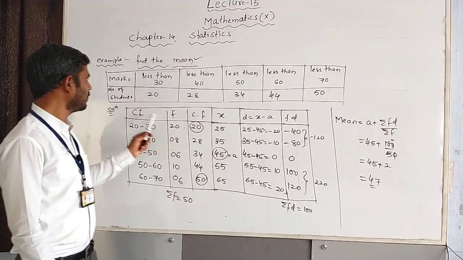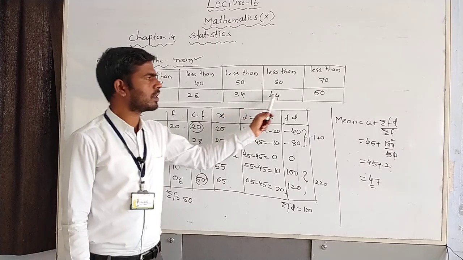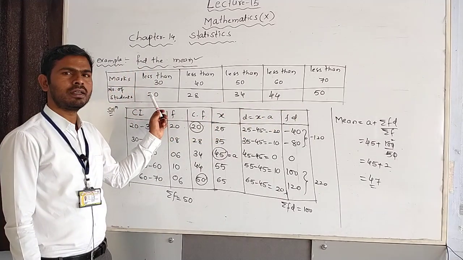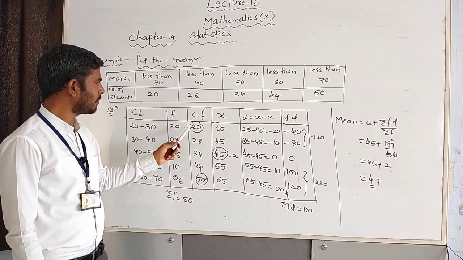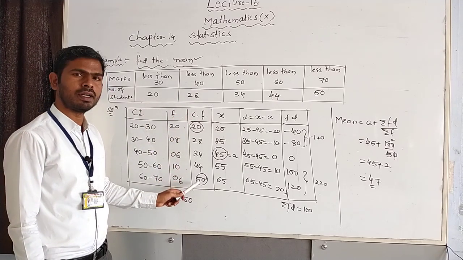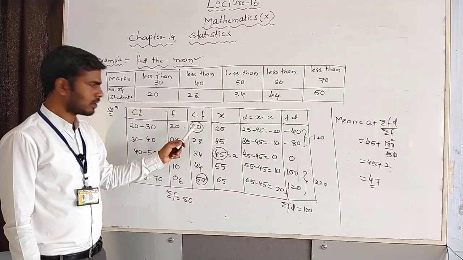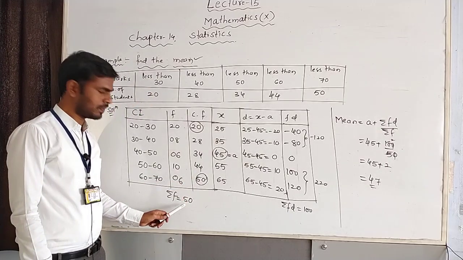Here F is not given. This one, 20, 28, 34, 44, 50, is given. So whether it is ascending or descending is given. Descending is given, which means you always have to consider the CF column. CF is 20, 28, 34, 44, 50. So you have to convert CF to the F. The highest value of CF is always equal to sigma of F, that is 50.